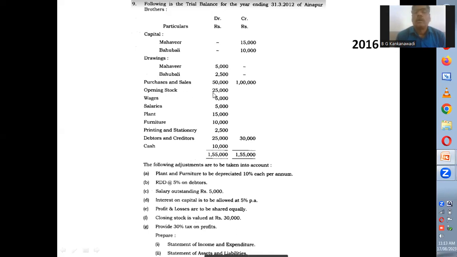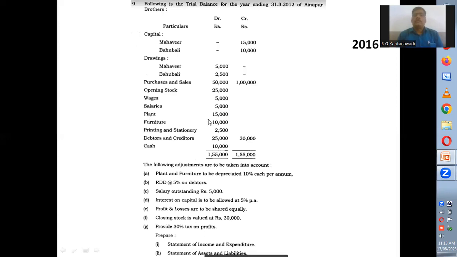Opening stock is 25,000 and closing stock is 30,000. 30,000 minus 25,000, a 5,000 increase in stock, comes under the income statement as increase in stock. Wages 5,000 and salary 5,000 come under the income and expenditure account under the head personnel expenses.